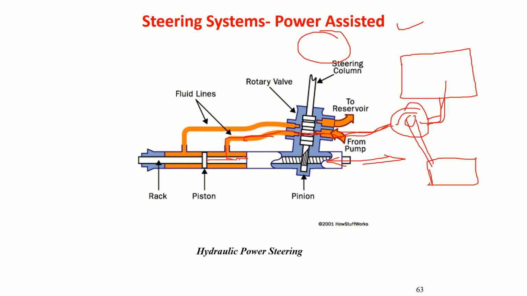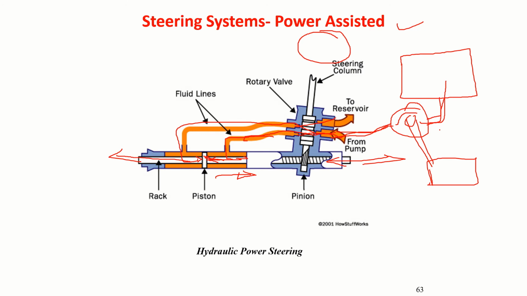If it is exerting pressure on the piston like this, then this will pull the rack in this direction. If my intention is the other way, then I have to make the connection this way, so that the fluid enters like this, then it will push the piston this way.